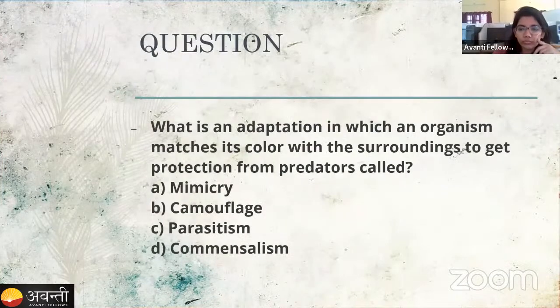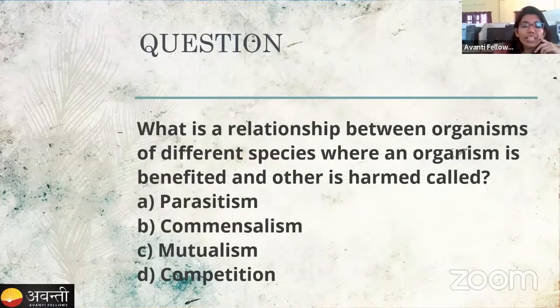Okay, here is a question. You can try to answer it. What is the relationship between the organisms of different species where one organism is benefited and the other is harmed? So one organism is getting benefited and the other organism is harmed. What is that? Parasitism, commensalism, mutualism, competition.